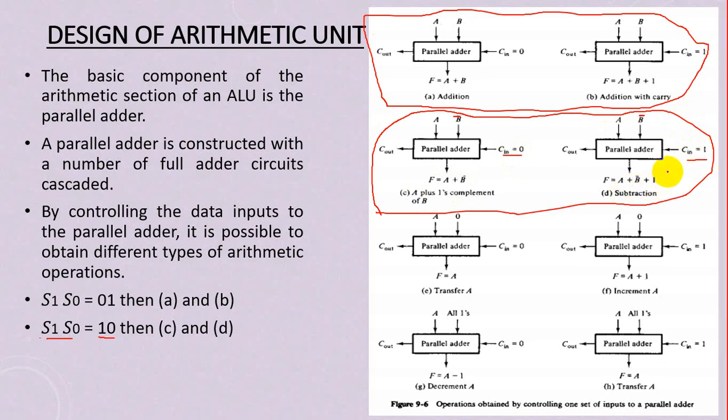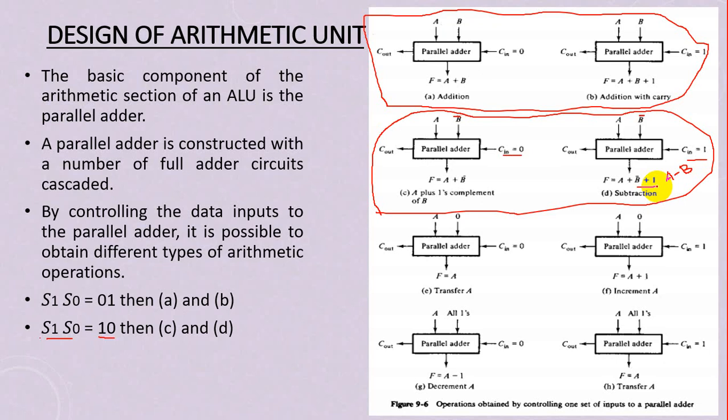That means we get A minus B. If you take the 2's complement of a number, it becomes a negative number.